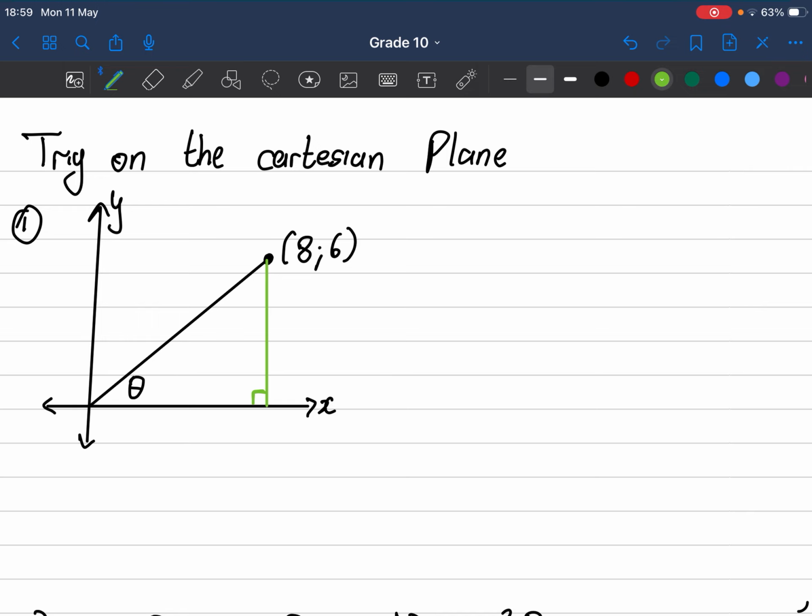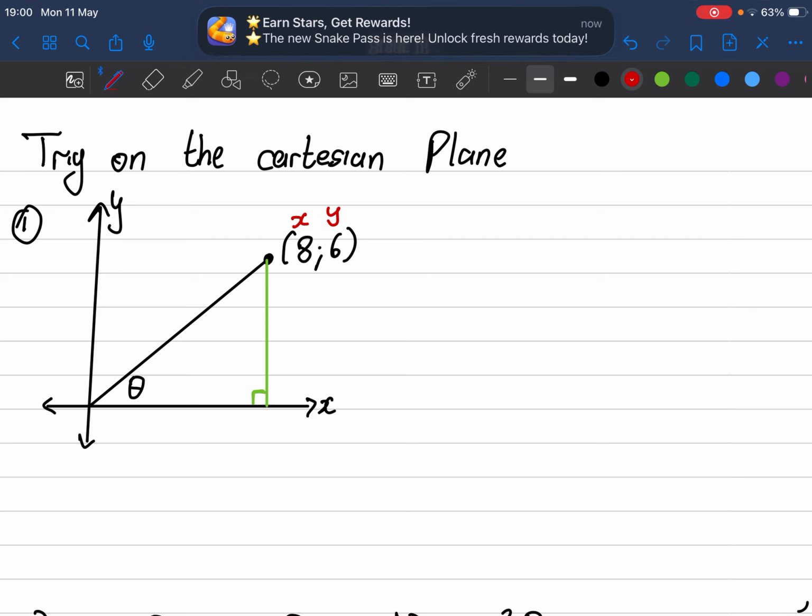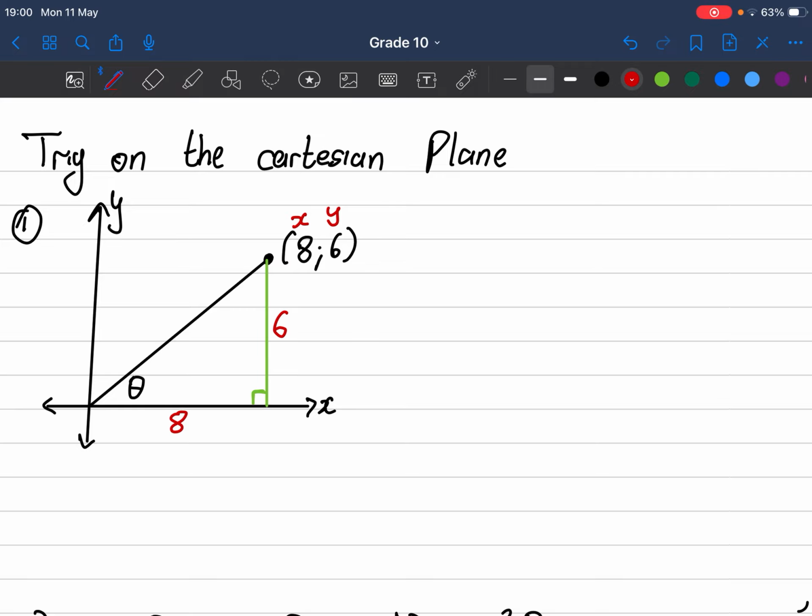The second step is identifying what's happening with these coordinates. So this is an x value and that's a y value. Whatever your x value is goes to the horizontal, and whatever your y value is goes to the vertical. We can then use those two values on your right angle triangle to find the third side.